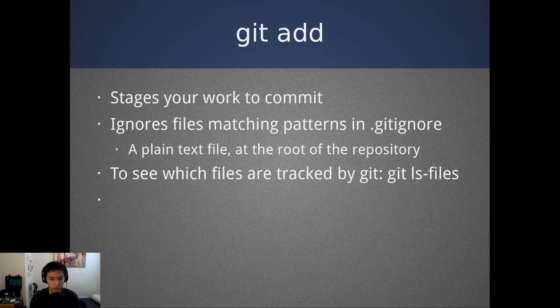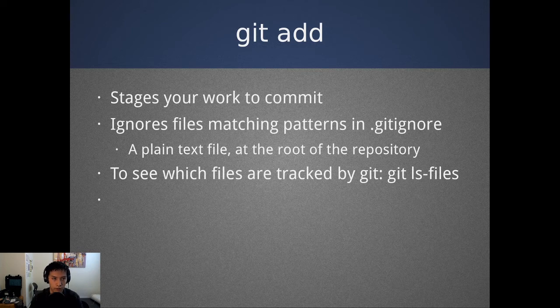On this slide, I should mention that you can also use wildcards with git add, like an asterisk, which will match everything, for example. But it won't add files matching the patterns in .gitignore. A .gitignore is a file that lives in the root of your working directory, or in a directory in Git.